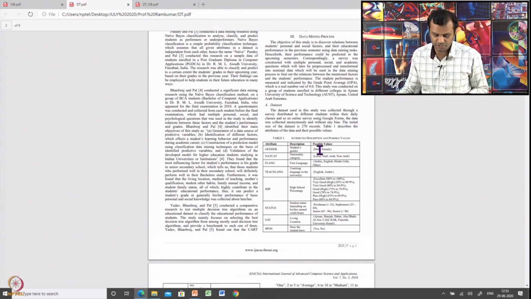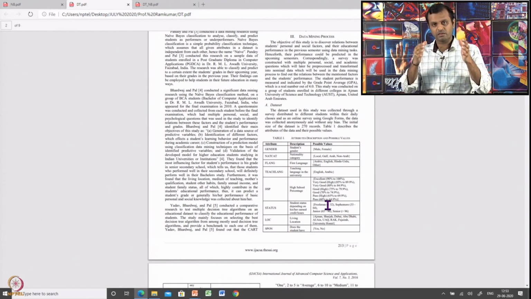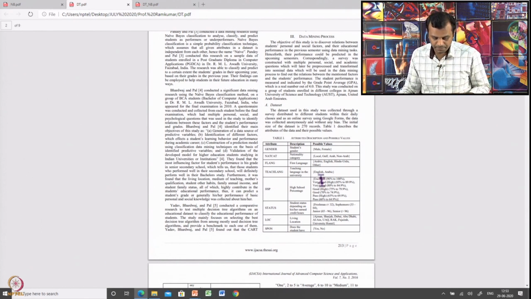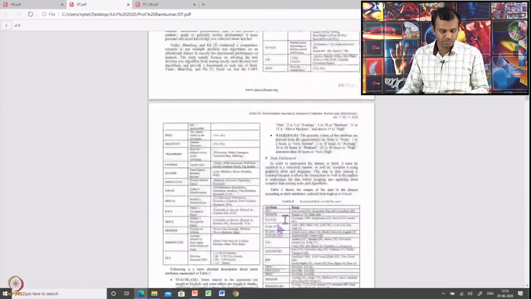See, gender is true, nationality can be 2 or 4, the first language is 1, 4, and teaching language, the high school percentage is again 7. So, they have multiple decisions to make and there are 8 different features, right, or more than that.